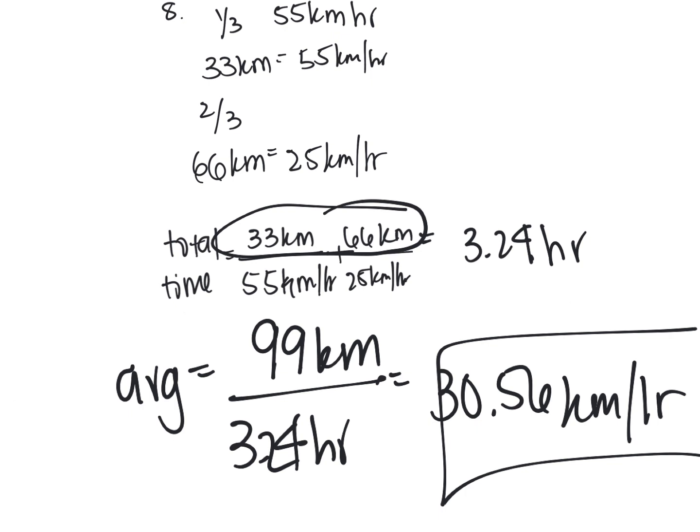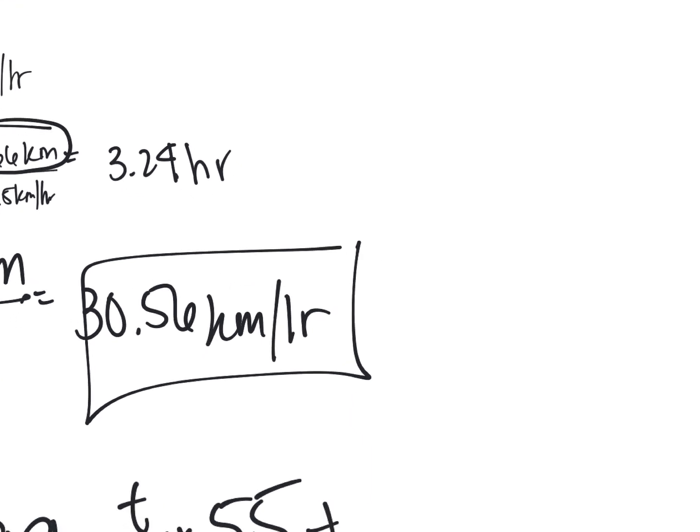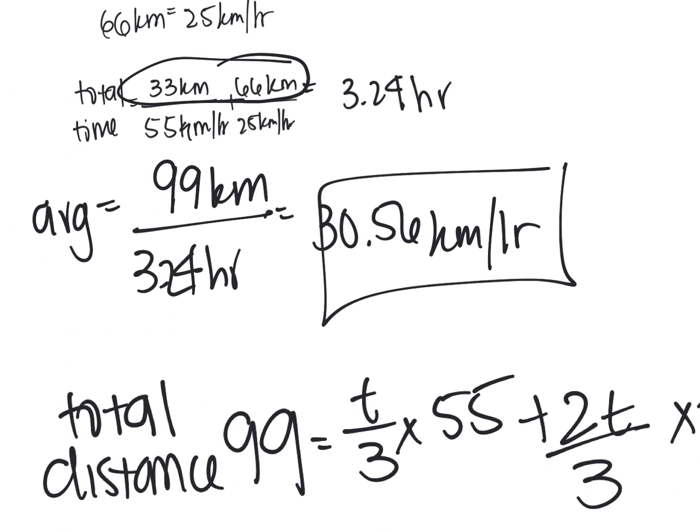Now, to find the time, we would need to use this equation. Knowing that the total distance is 99 kilometers, we'll take t, a third of the time, times 55 plus the 2/3 of the time, which is spent going 25 kilometers an hour.